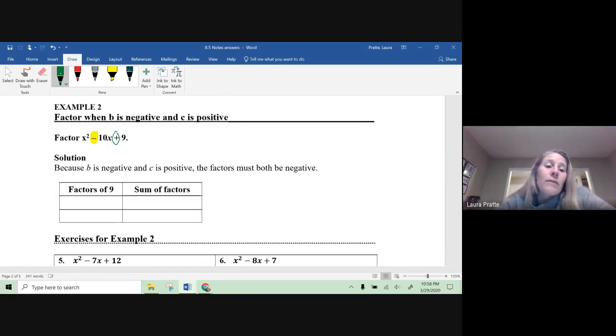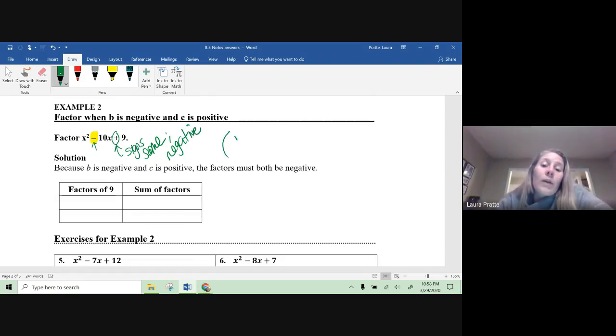So now we still have this plus sign here, which tells us the signs are going to still be the same because the two numbers that multiply together to get that 9 when we FOIL still have to equal positive. So they have to either be two negatives or two positives like we talked about on the last page. But because the middle one is negative, they're both going to be negative.